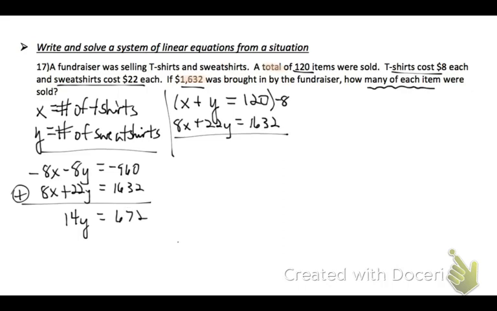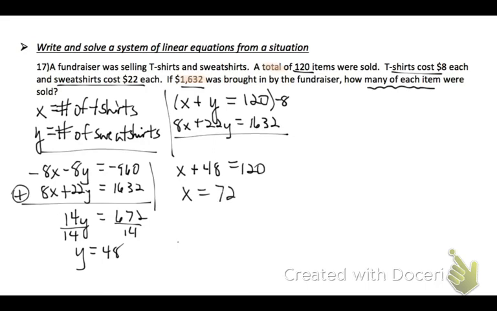And then if we divide both sides by 14, our number of sweatshirts will be 48. And now we can just go to our original to know that our number of t-shirts plus sweatshirts will be 120. So if we subtract 48 from 120, we'll have 72 t-shirts.